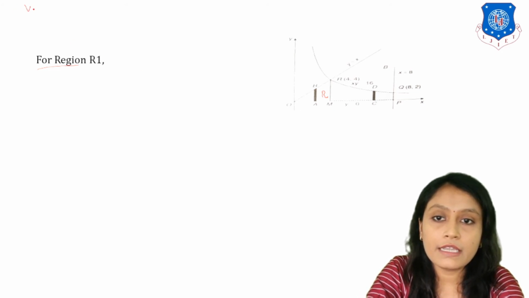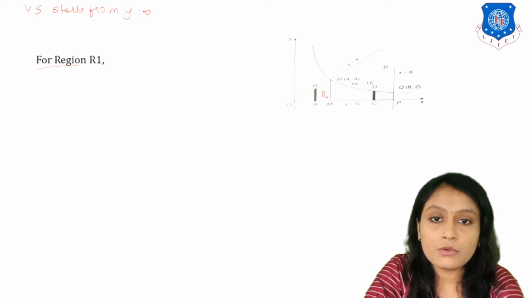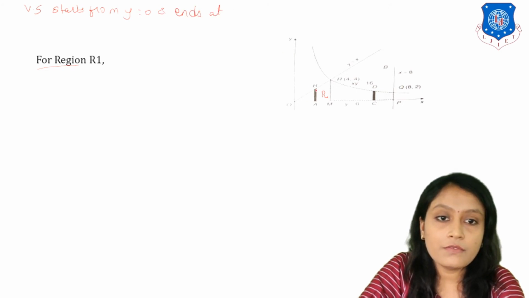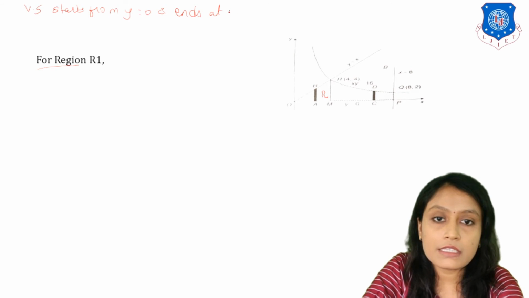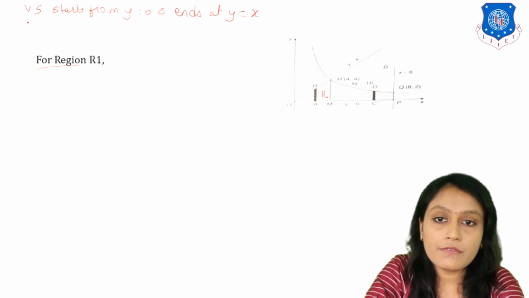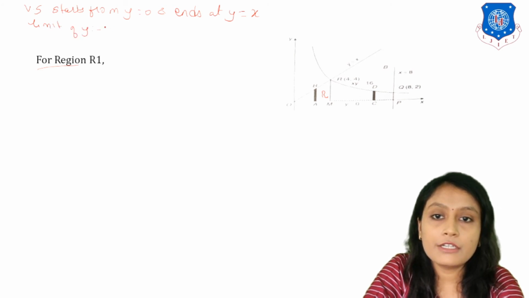So we will write that this vertical strip starts from y is equal to 0 and ends at this line y is equal to x. So whenever we have a vertical strip, firstly we will write the limit of y, and we will write this limit of y from this statement only.